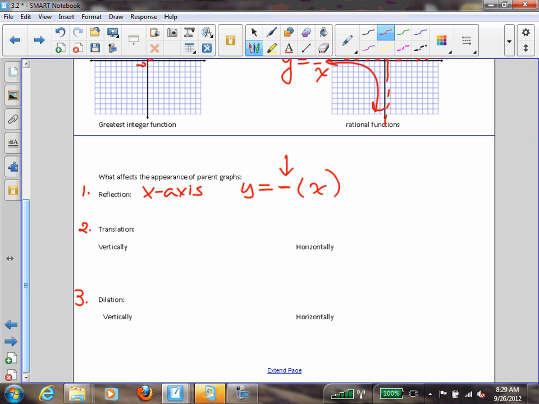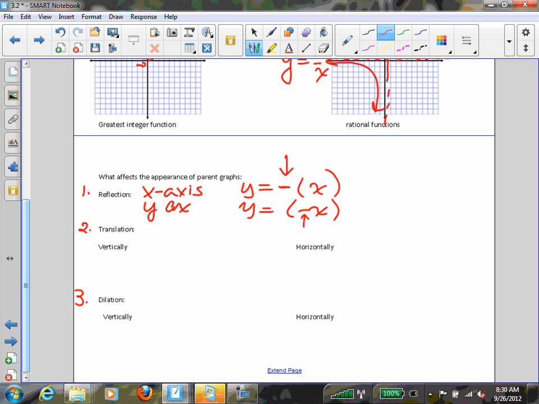If it's reflected over the y-axis, then y is equal to changing the sign. Okay? Yes? I'll show you what it looks like. In this case, yes. All I'm doing is placing the negative sign, but you'll see what happens when I give you some functions. Okay? So here it's in with the x, here it's outside.